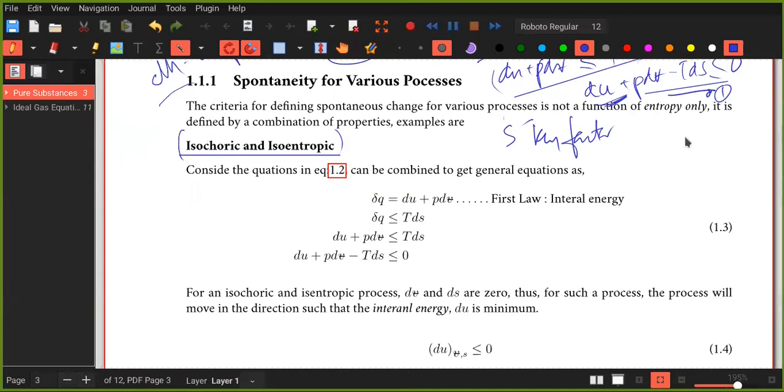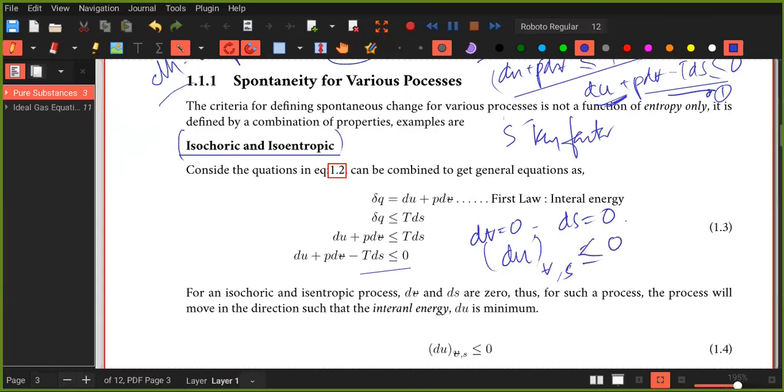So if we have an isentropic and isochoric process, then dV would be equal to 0 and dS would be equal to 0. In that case, from this equation, dU for an isochoric and isentropic process should be less than or equal to 0.